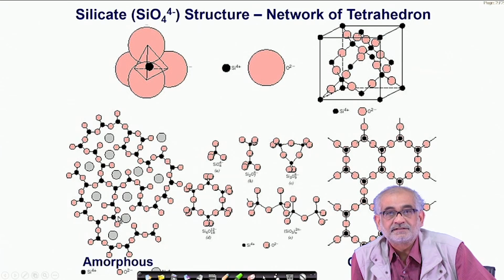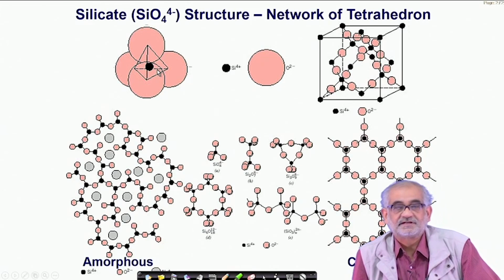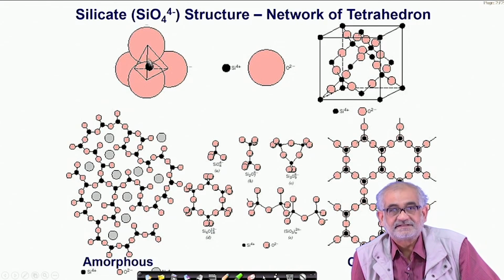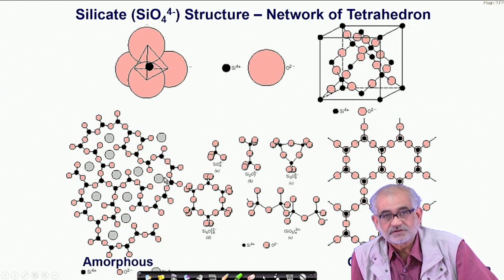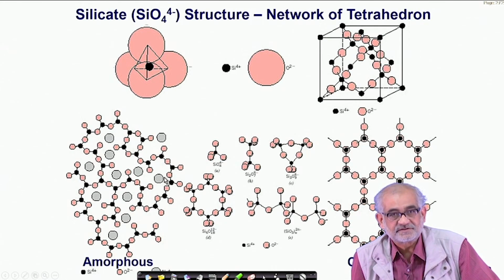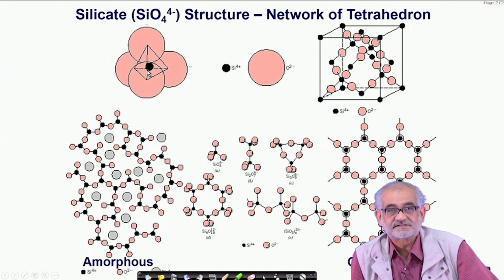And then that means that this solid, instead of crystalline, now can manifest as amorphous. So here is some interesting development, that the same solid, the same chemistry, the same bonding can manifest both as crystalline and non-crystalline. So when we talk of structure of solids and when we talk of properties of solids, we have to be aware of not only the structure but also various possibilities of structural manifestation.